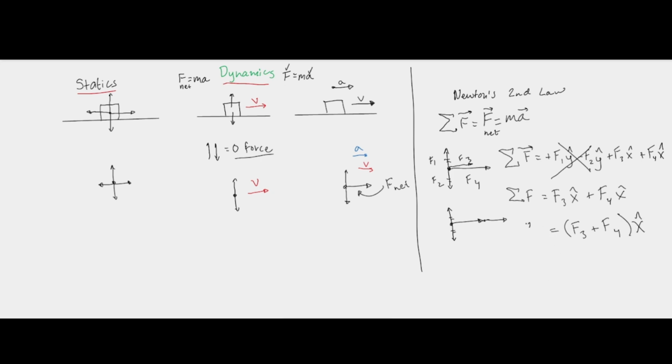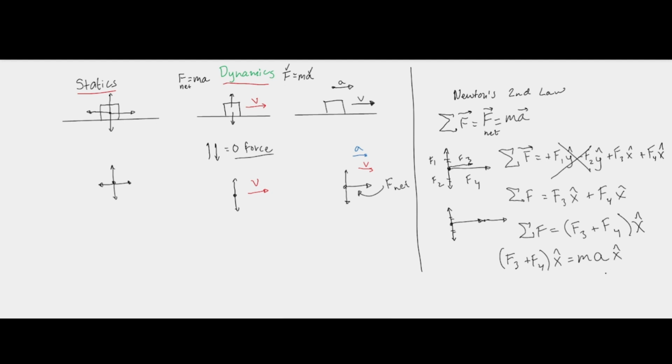And this is the sum of the forces. This then is equal to mass times acceleration. So we could have F3 plus F4 in the x hat direction equal to mass times the magnitude of the acceleration in the x hat direction.